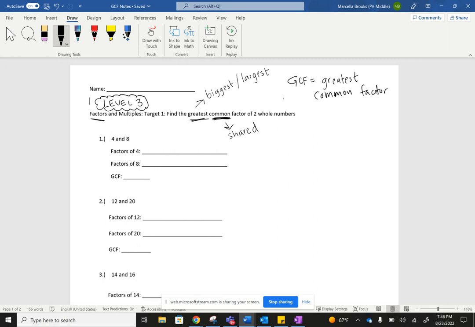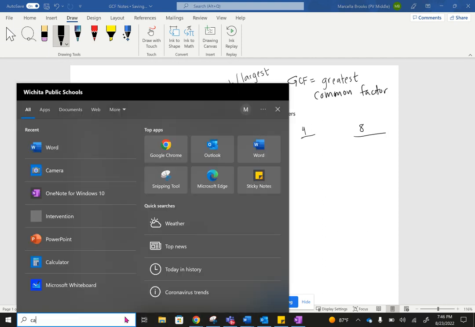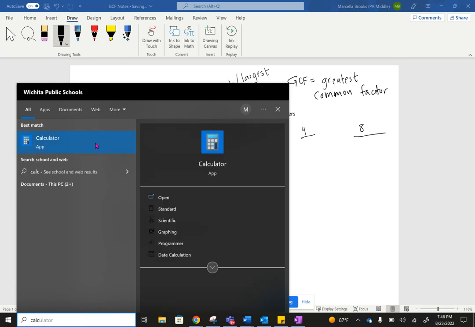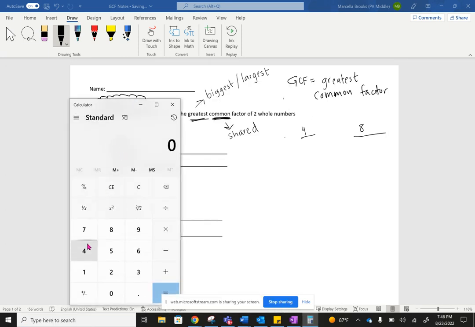So, number one, 4 and 8. We're trying to find the GCF, or the greatest common factor of 4 and 8. So we have to find the factors of 4 and 8. I left some space over there for us to find those factors. Right away, we're going to get our calculator out and do 4 divided by 1.